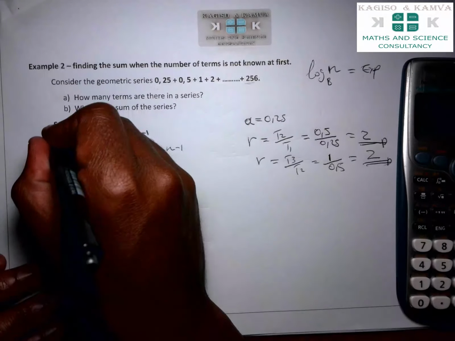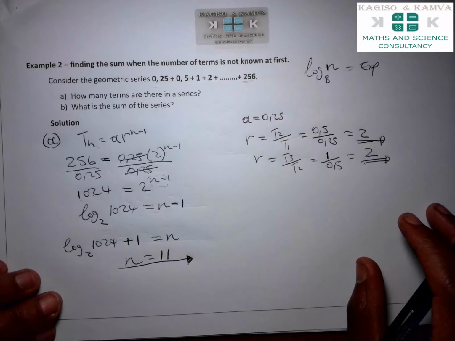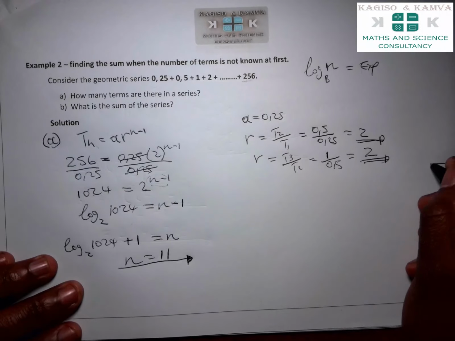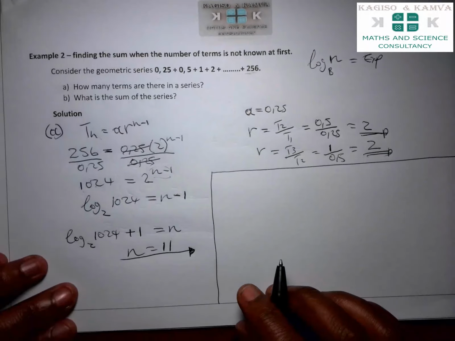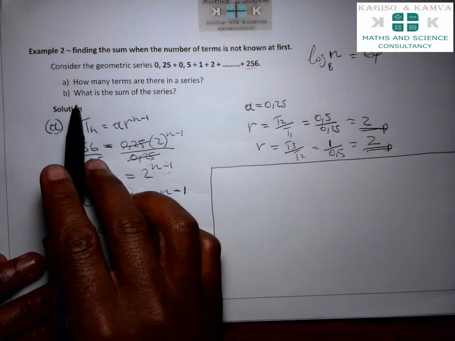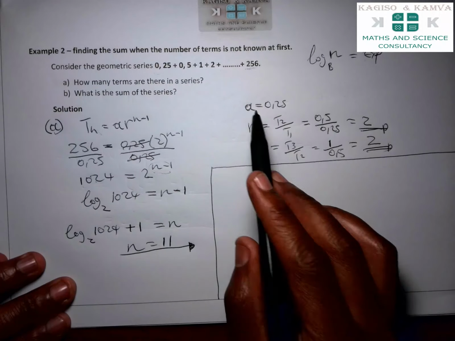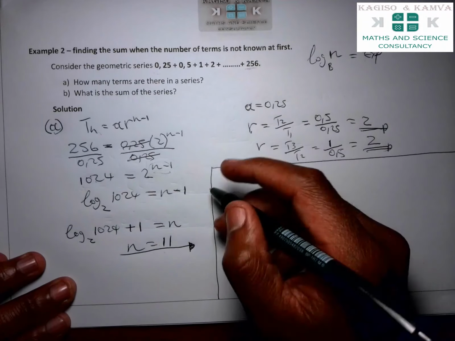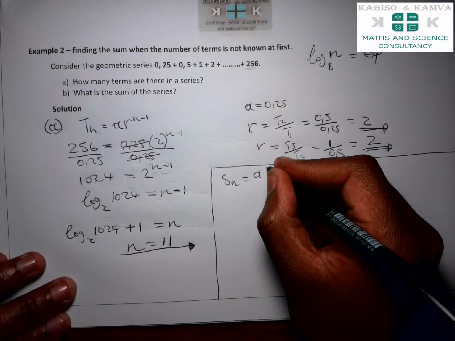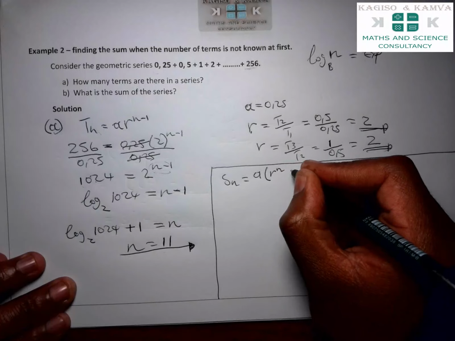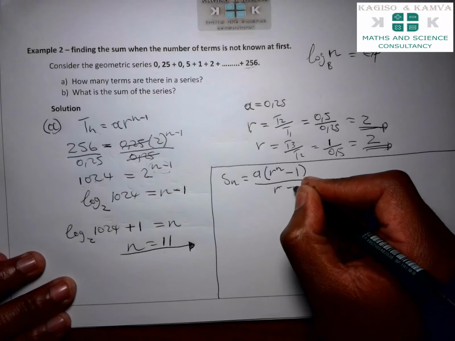So that was A. Let us now do B. What is the sum of the series? We know a, we know r, we know n. So Sn is going to be equal to a into r to the exponent n minus 1, all over r minus 1.